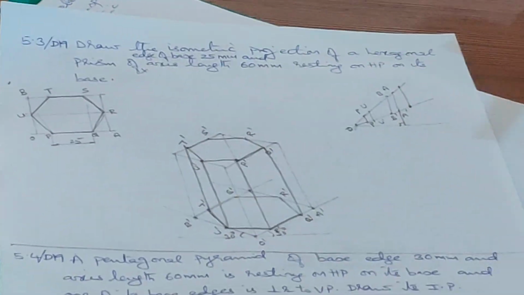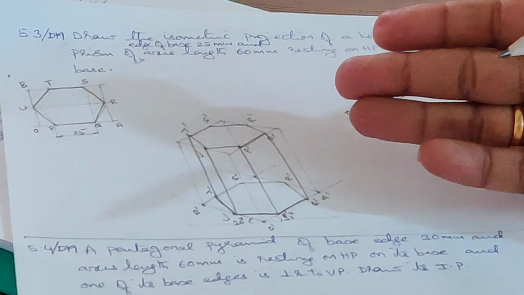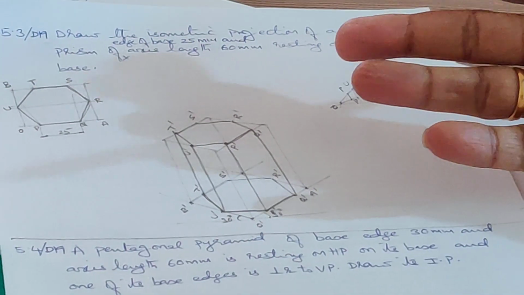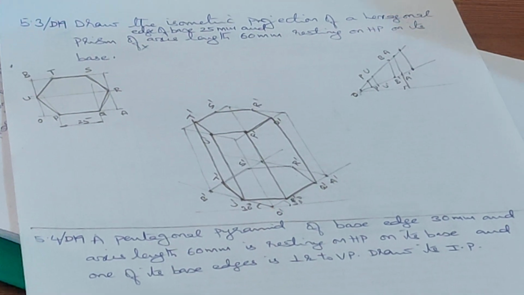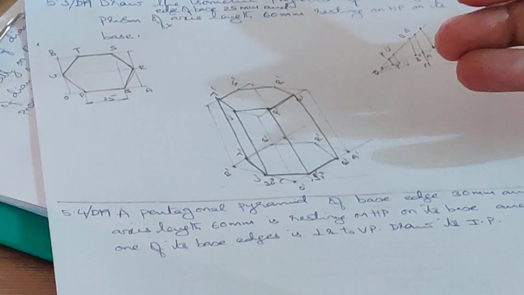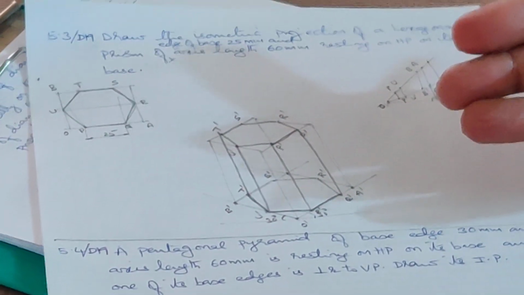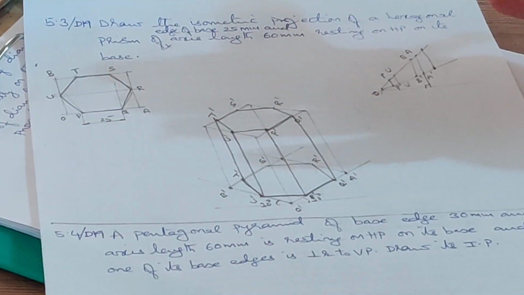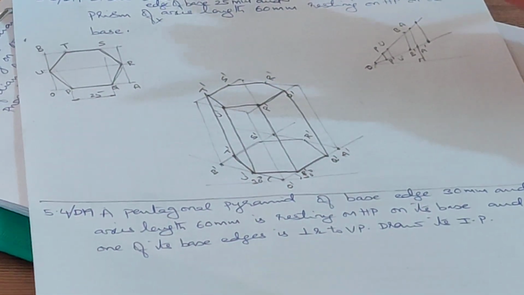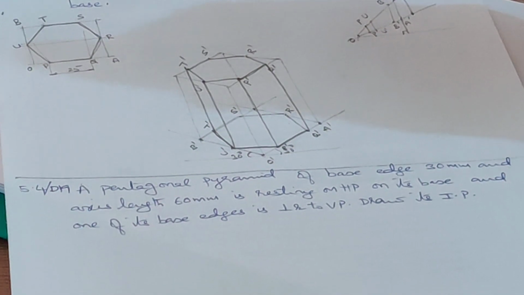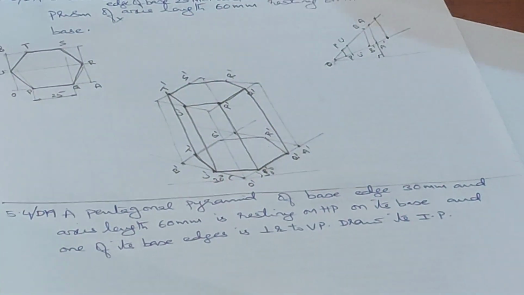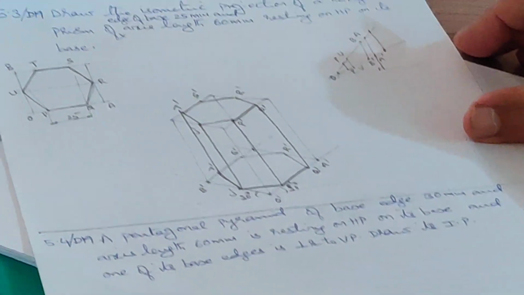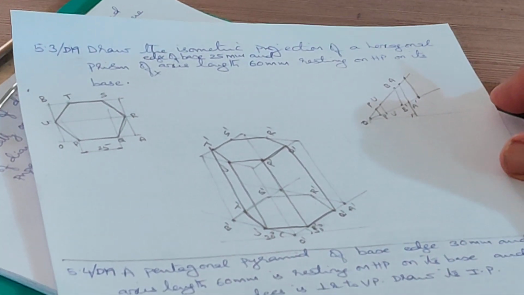That's it. So either you can retain the invisible edges as thin lines or you can erase them. Some of the examiners say you retain the construction lines. They want to make sure that you have adopted proper procedure, or you can erase them as well. So this is about the hexagonal prism.